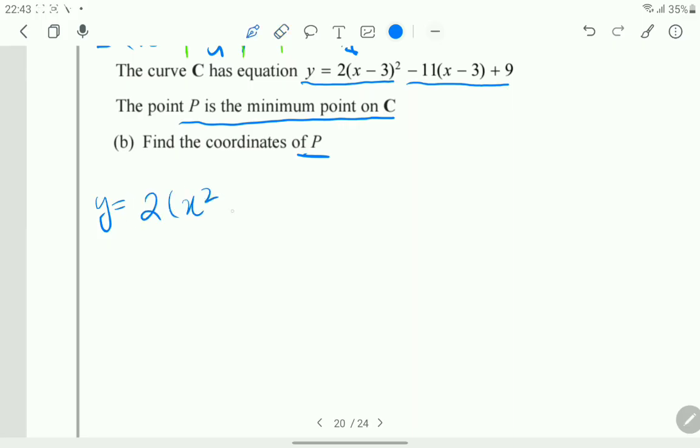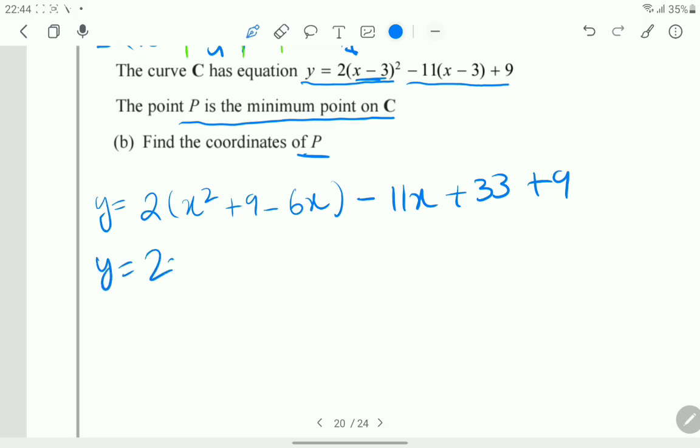2x squared plus 9 minus 6x is the expansion of this bracket, (x minus 3) whole squared, and then we have 11x plus 33, because minus minus is plus, keep note, plus 9. Now 2x squared plus 18 minus 12x minus 11x plus 33 plus 9.